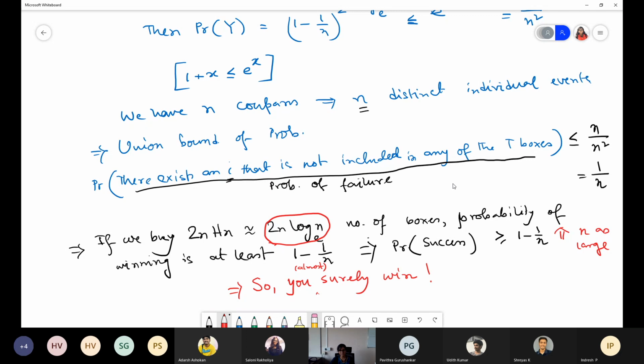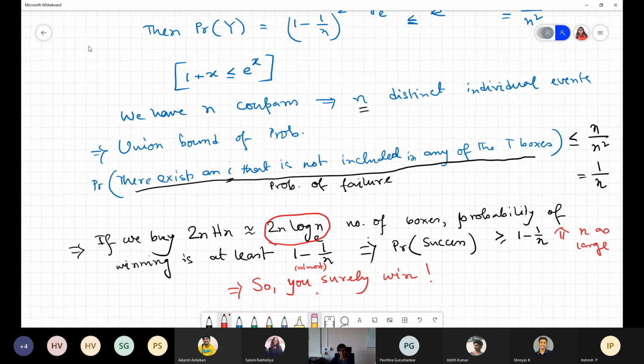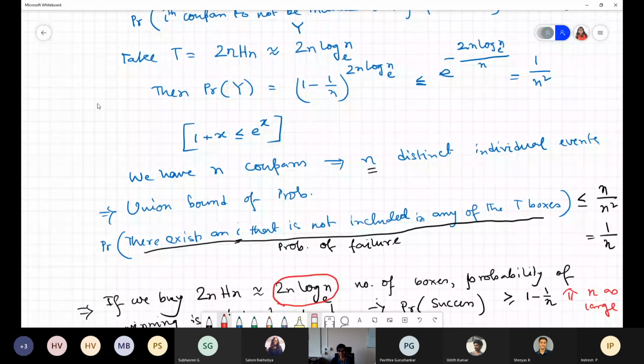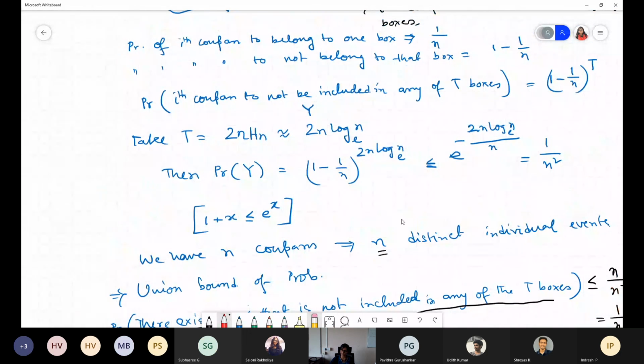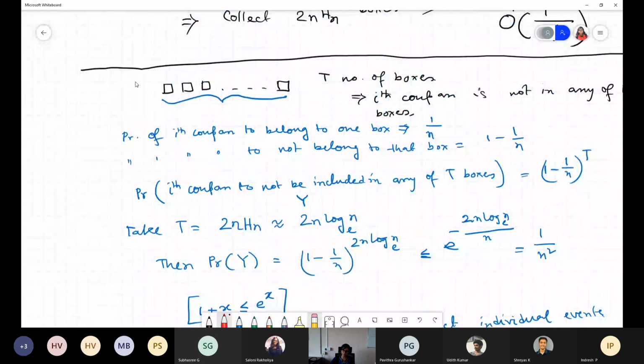Any confusion, any doubt? So what we did is we first took expectation, then we calculated the variance that is required for the Chebyshev inequality. Chebyshev inequality also gives you a probability.